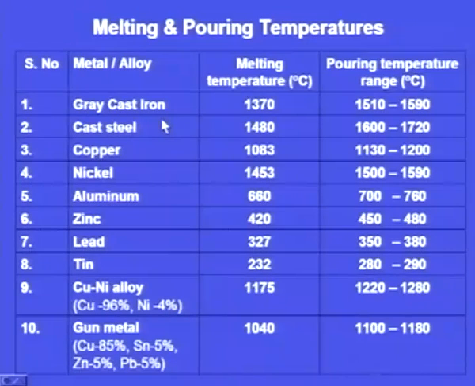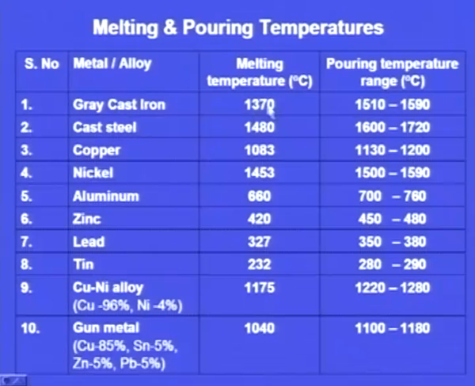It contains silicon, carbon, sulfur and phosphorus, and depending upon the composition of these elements, the melting temperature varies, but this is the typical temperature. And for grey cast iron, the pouring temperature is from 1510 to 1590 degrees centigrade.